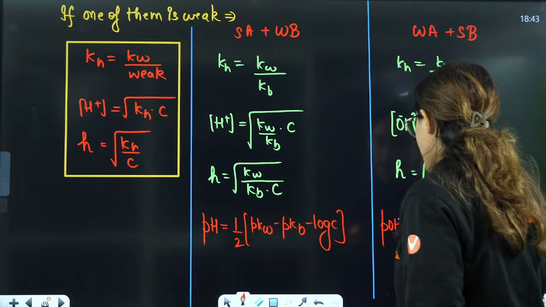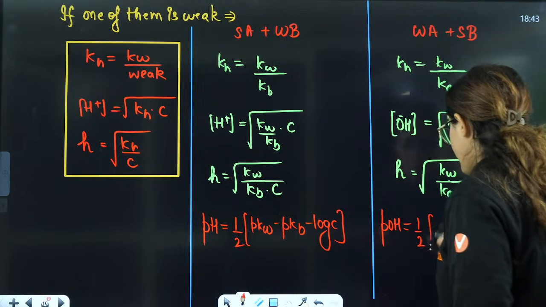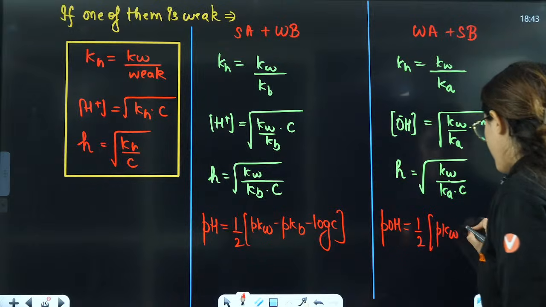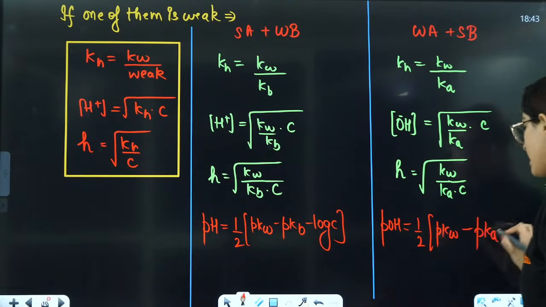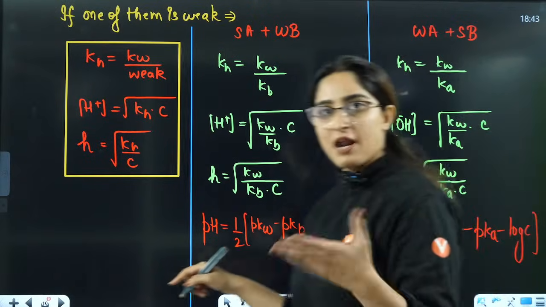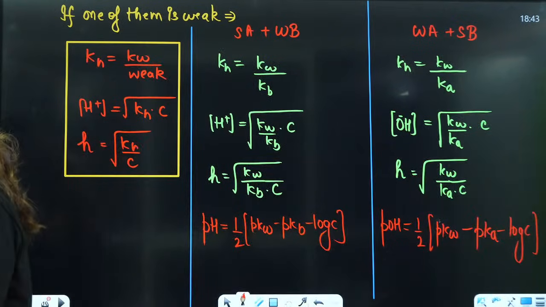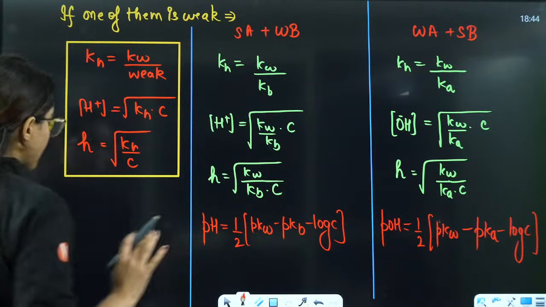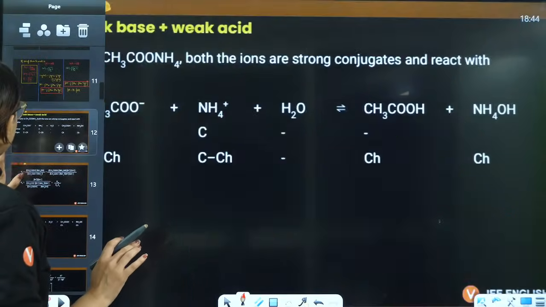Here pOH has the same value, that is half of pKw minus pKa minus log of C. Once you have calculated pOH, subtract it from 14 and you will have the value of pH. Right? Tell me guys, is that clear? Okay? So you just have to remember this thing. Rest of the things you don't have to remember.